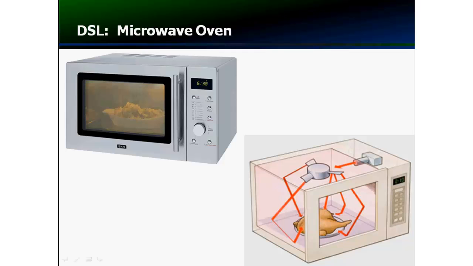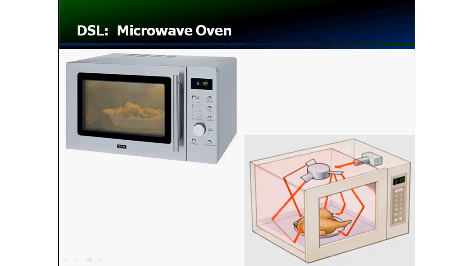Inside the cabinet of the oven is a rotating plate that spins to make sure that the heat is applied evenly for the food that's in the cabinet. There is a timer that is used to control how long the food is cooked.